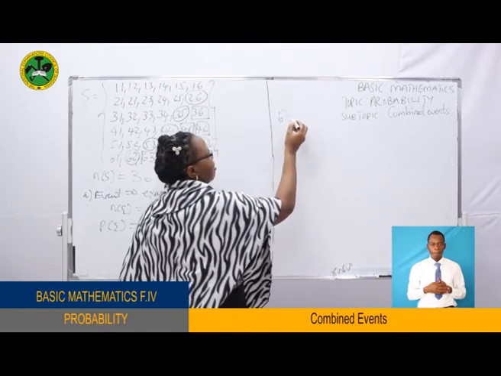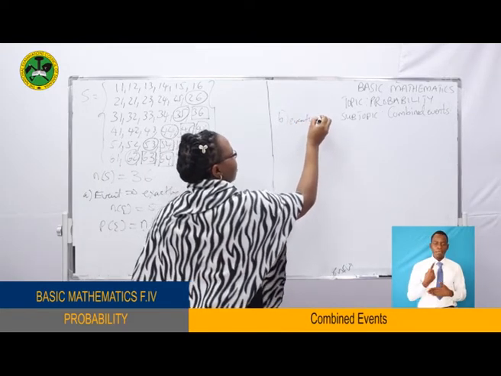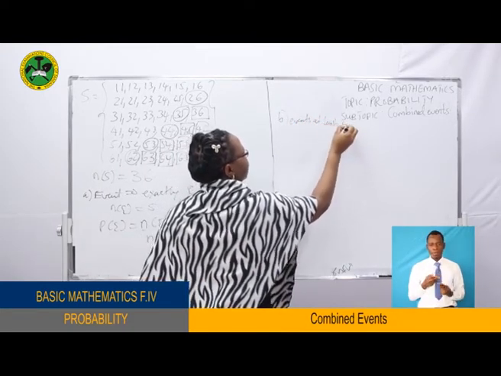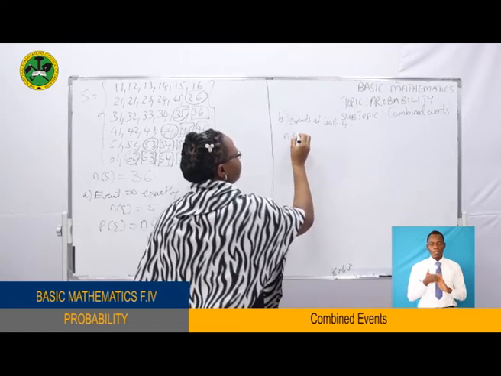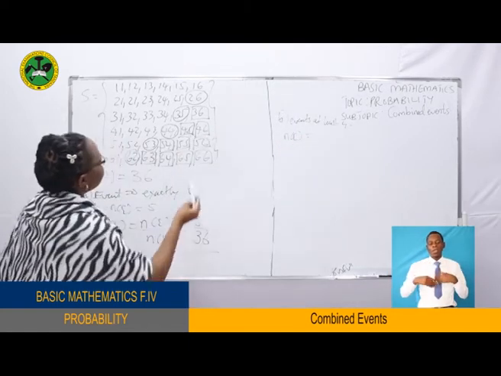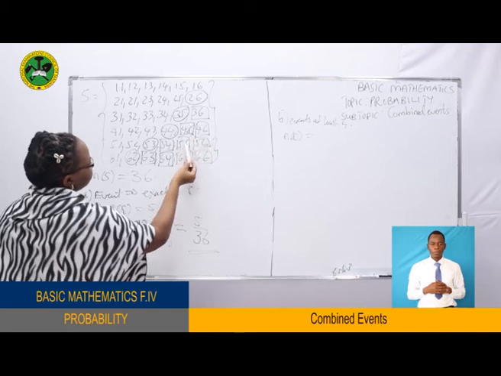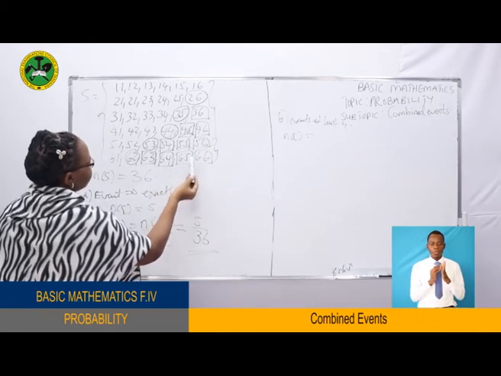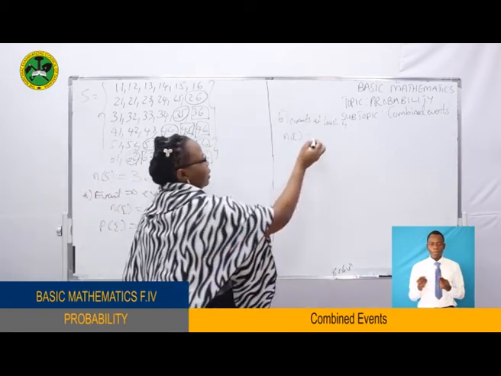So we are looking at our events, at least 9. Then the number of events is 1, 2, 3, 4, 5, 6, 7, 8, 9, 10, which is 10.